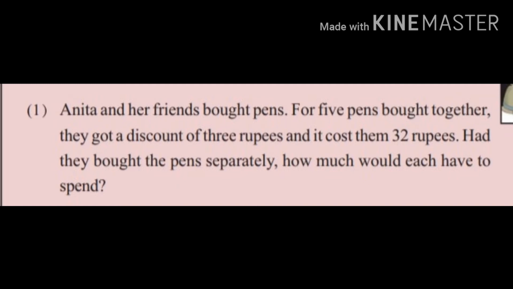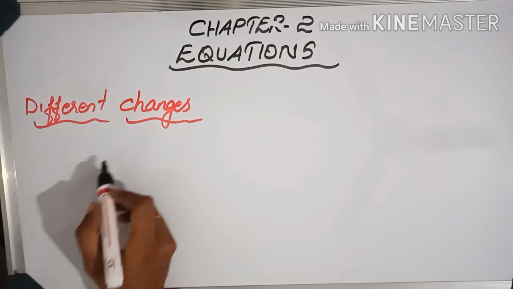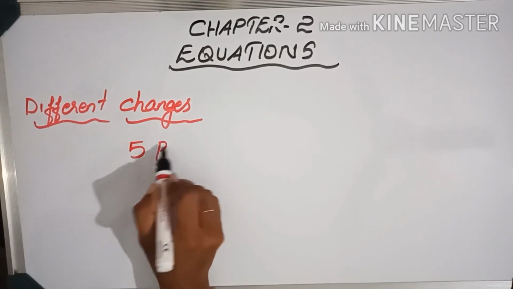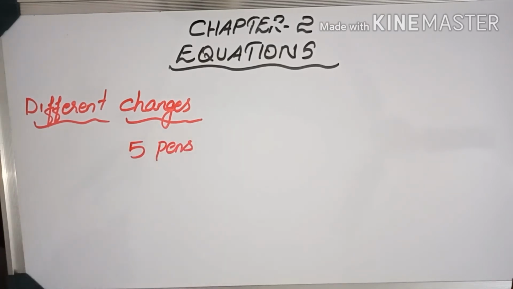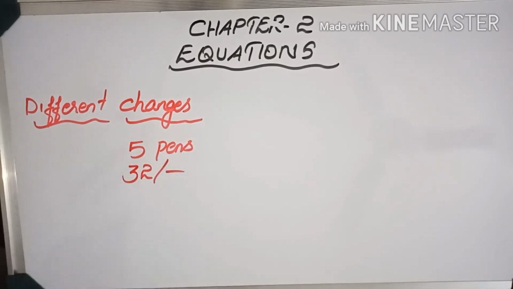Had they bought the pens separately, how much would each have to spend? This is the question. Let's see how to solve this. Here, Anita and her friends bought 5 pens together. And the total amount they spent for these 5 pens is 32 rupees.